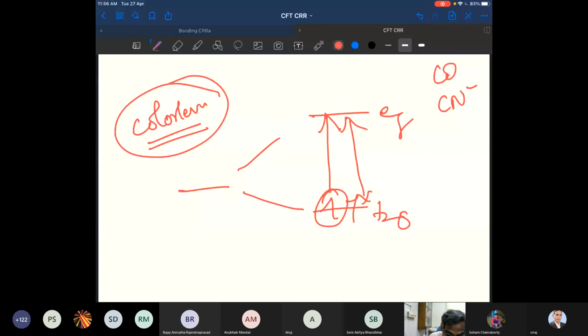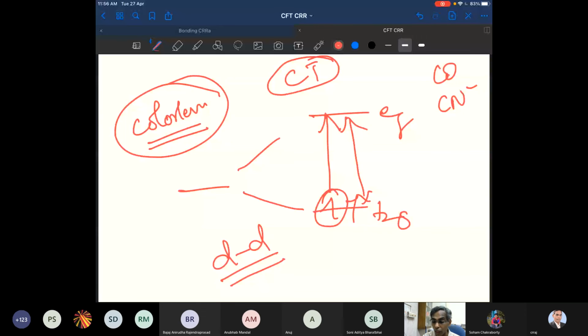Here I'm not talking about charge transfer. Don't confuse. I'm simply talking about the d-d transition. The energy gap is too large, so visible light is not able to excite this electron from the t2g orbital to the eg orbital.